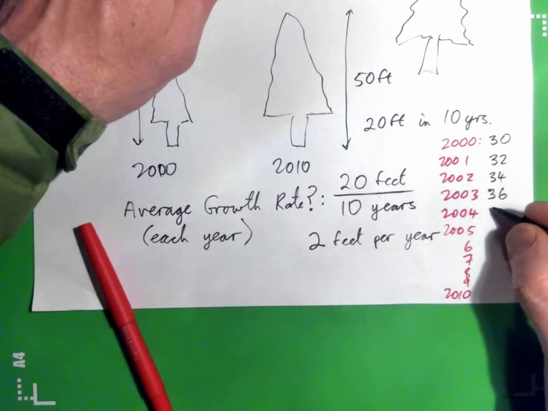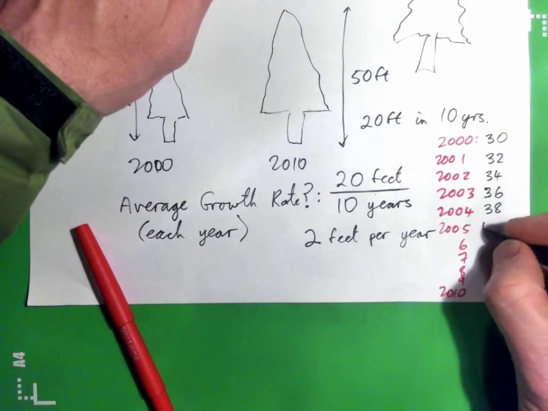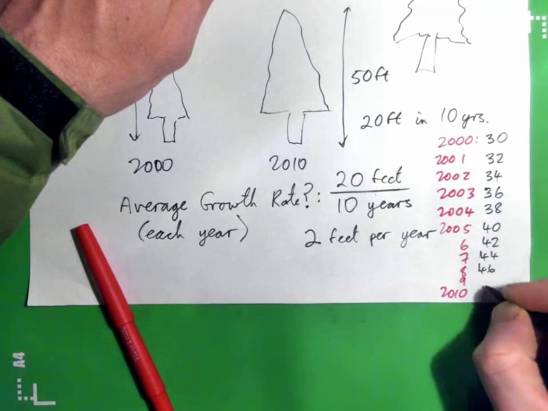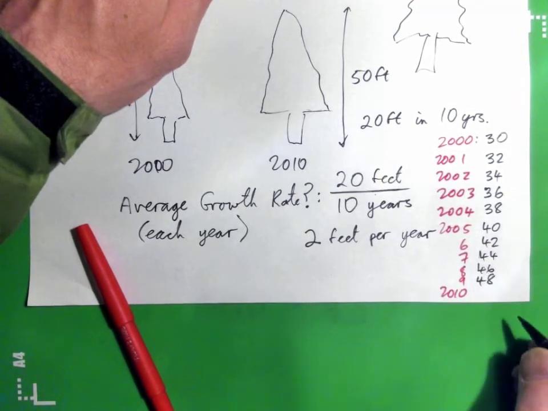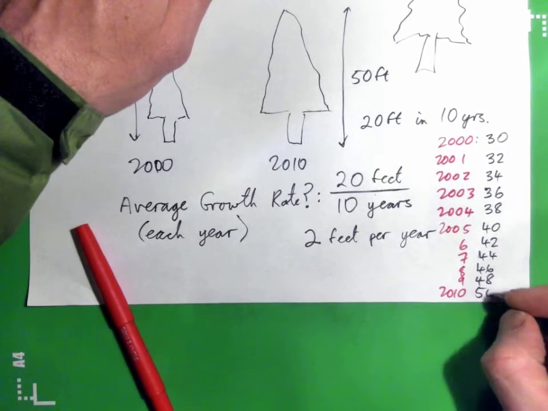So then it becomes 2004, it's 38 feet, right? And then it's 40 feet, and then it's 42 feet, and then it's 44 feet, and then it's 46 feet, and then it's 48 feet, and finally in the year 2010, it's how high? Feet. Now, do we beat this to death?